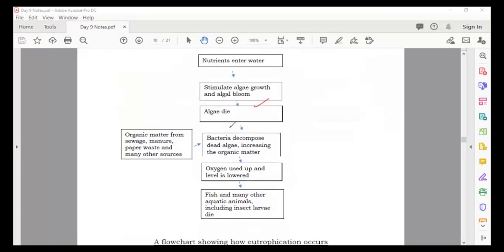If the algae is increasing, the bacteria is also increasing. They use oxygen, and oxygen levels become less. Fish and many other aquatic animals, including insect larvae, die. So this is how eutrophication can cause death for a lot of aquatic animals.